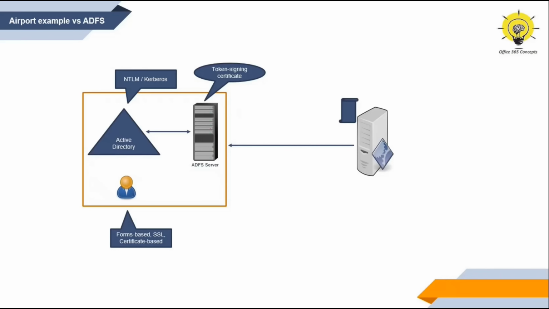The answer is federation metadata. This is something we will discuss in one of the next videos, but for now just understand that the application also has the token signing certificate of your ADFS server, which is used to verify the token issued from the ADFS server.